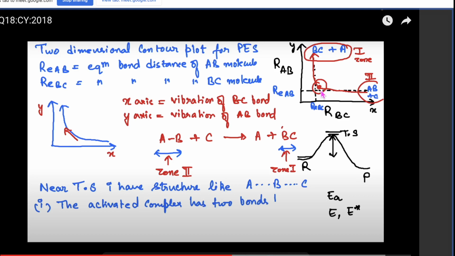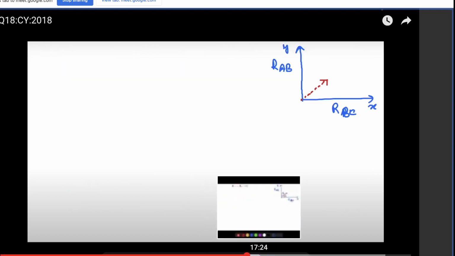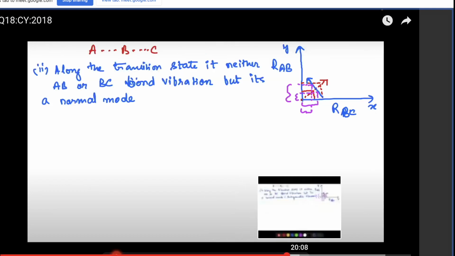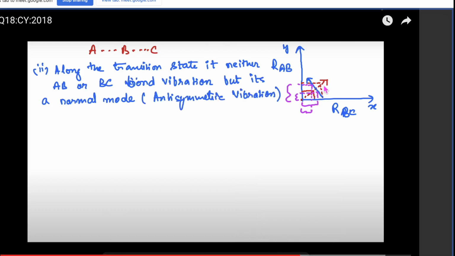Here we need to find out what kind of motion my transition state is doing. If I follow the reaction path, it will be along the diagonal, something like this red arrow. This red arrow shows the symmetric vibration, because in this ABC transition state neither any bond is formed nor any bond is broken, correct?